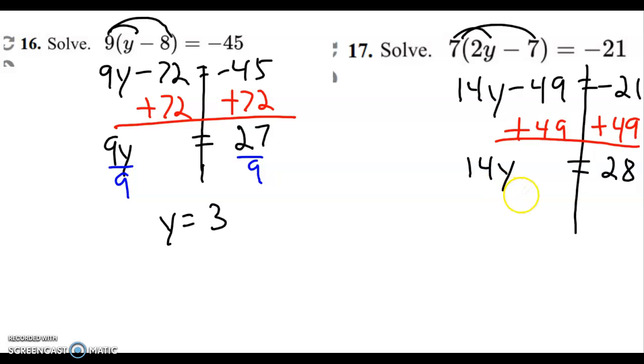We're going to bring down 14y is equal to 28. We're going to divide by 14. And y is equal to 2.